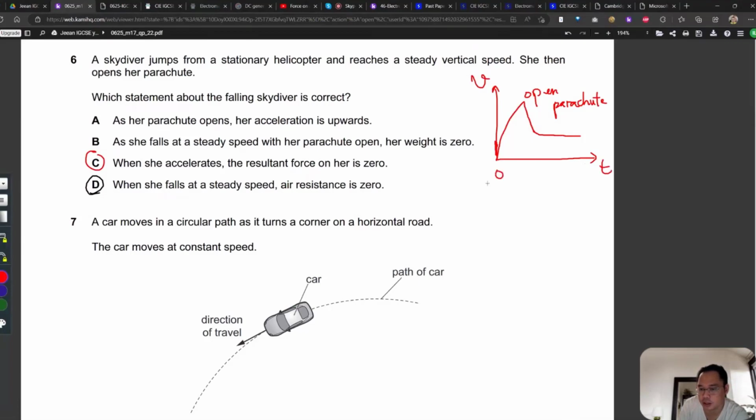This is time, and that is speed. The air resistance force will vary like this. Air resistance increases from a certain value, not from 0.